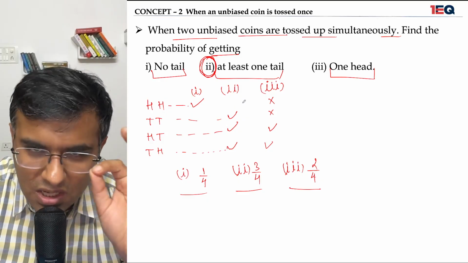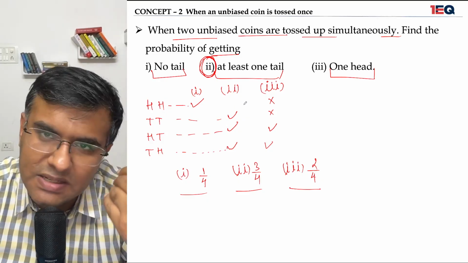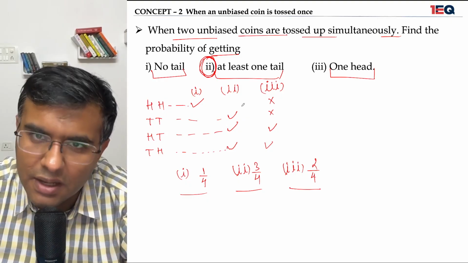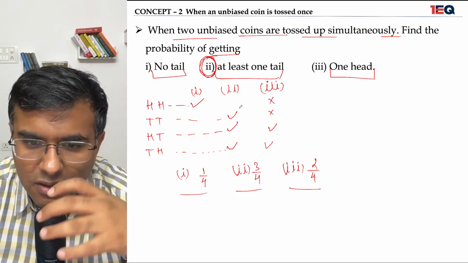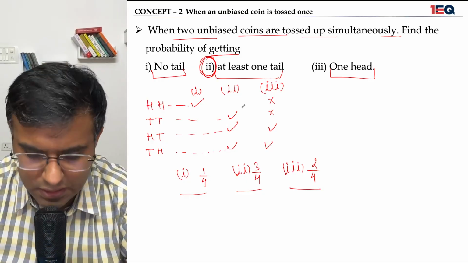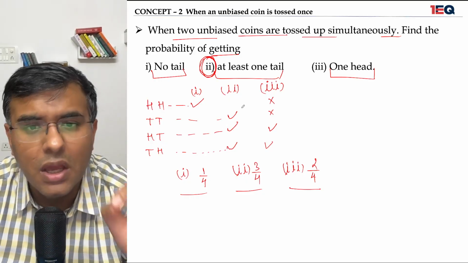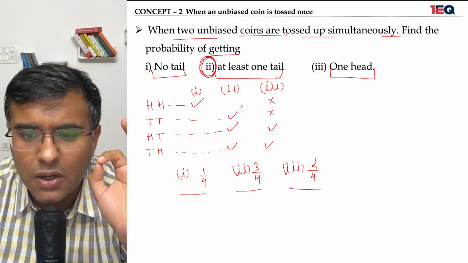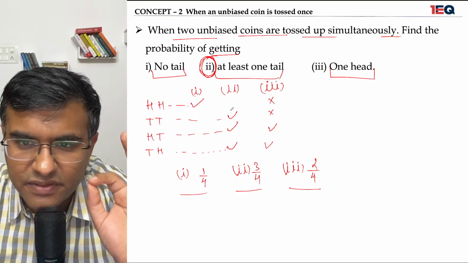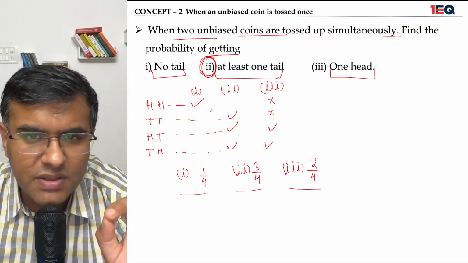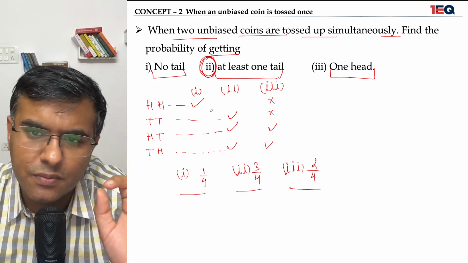So you start with the first tail, and I'm ready to accept as many tails as there are. But I would not accept the situation where I don't get a tail. So I hope I've made myself very crystal clear. Do drop in some comments if you have any issues.